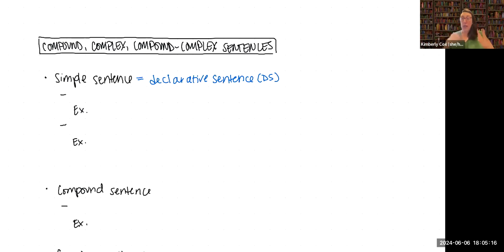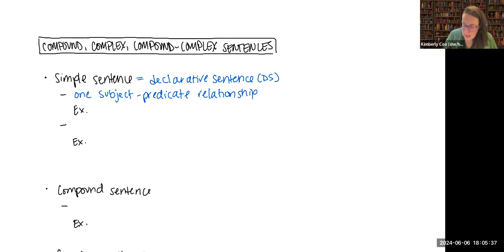So let's start by talking about a simple sentence. A simple sentence is going to have one subject, predicate, relationship. Okay. So I am going to give you an example.